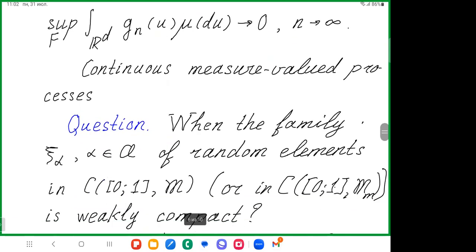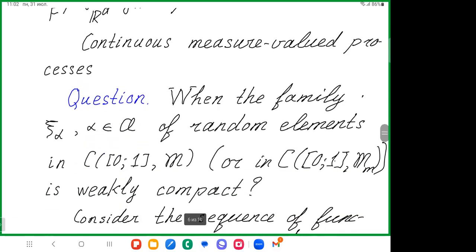The main question is the following: when is the family of random elements xi_alpha in C([0,1], M) or C([0,1], M_m) weakly compact? We get this question from the initial problem. As I said, suppose that in the Kuramoto system, for example, the initial mass distribution approximates some continuous distribution.